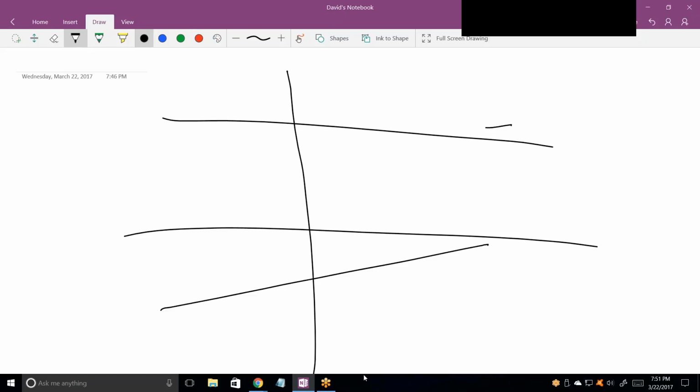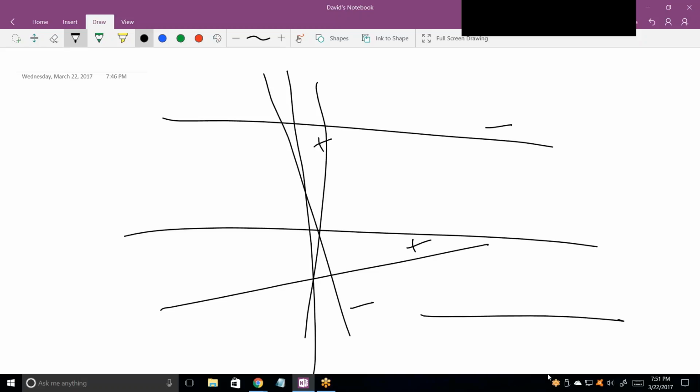And that one? Positive. And that one? Positive. And that one? Negative. And a horizontal line? Horizontal. 0. The slope is 0.